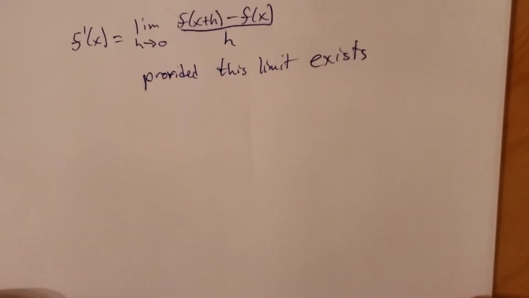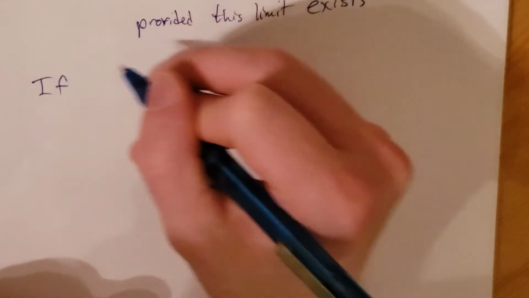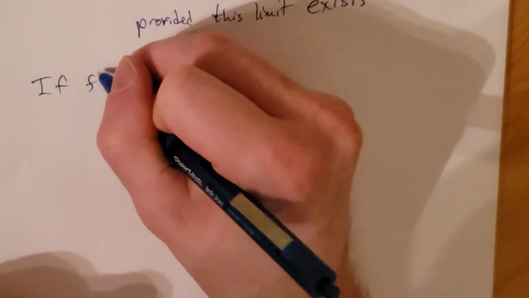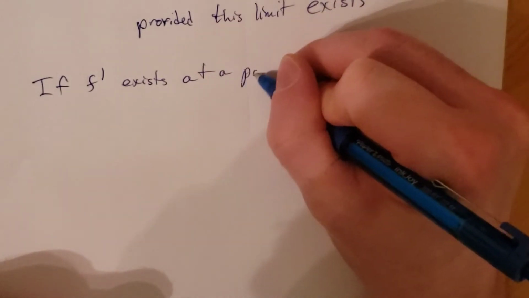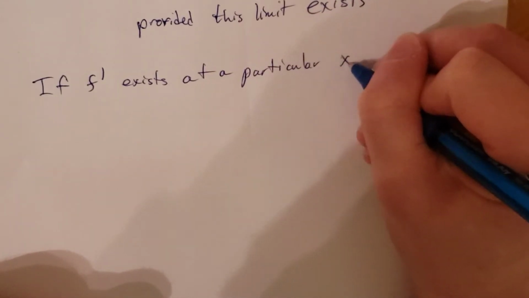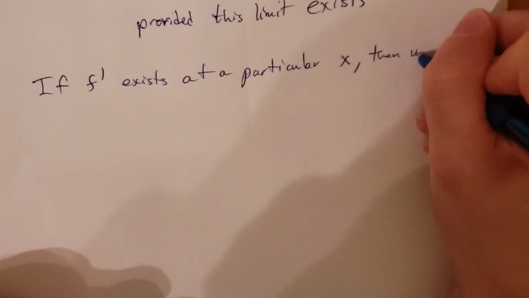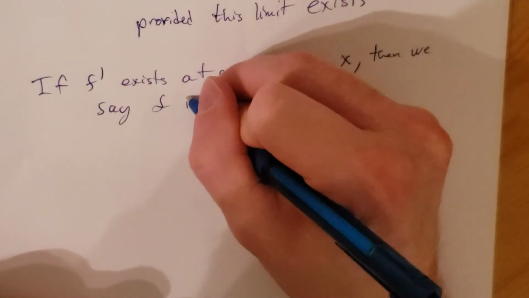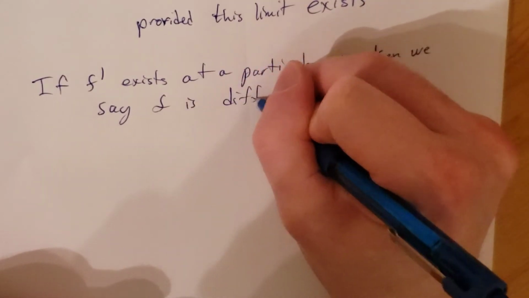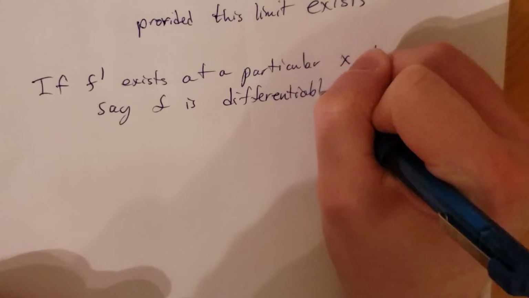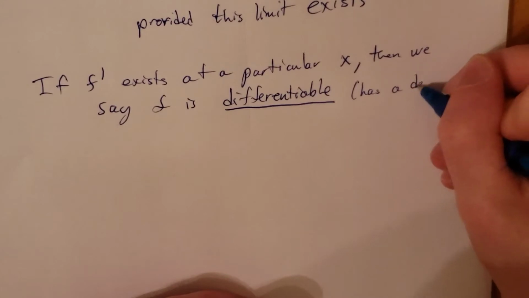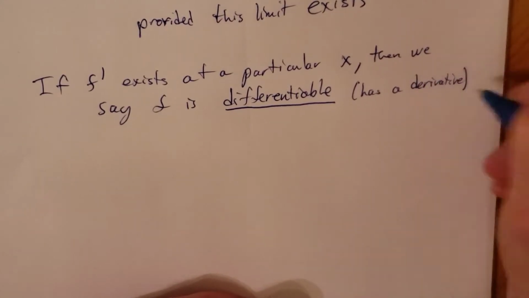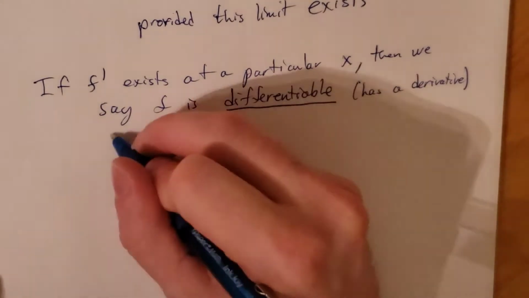All right, now we can say a few more things about this. If f prime exists at a particular x, then we say f is differentiable. And what do we mean by that? I mean, it has a derivative at x.